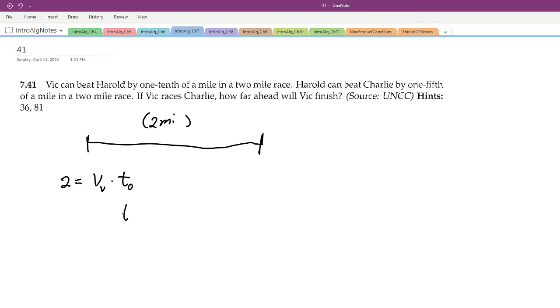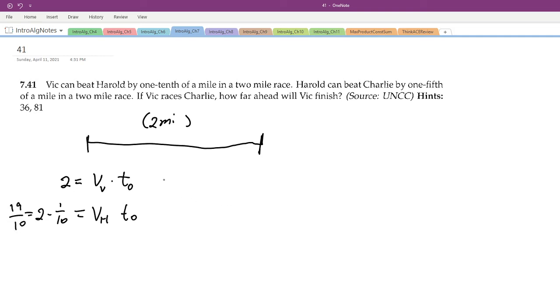And over the same t0, the speed of the H can only travel 2 minus 1/10, right? So this equals 19 over 10.